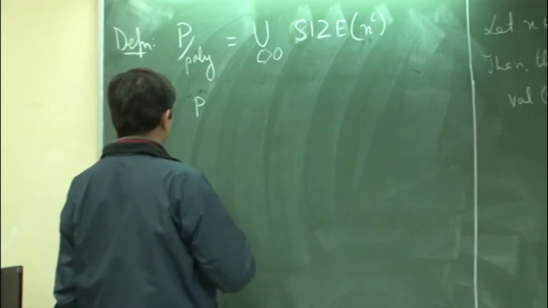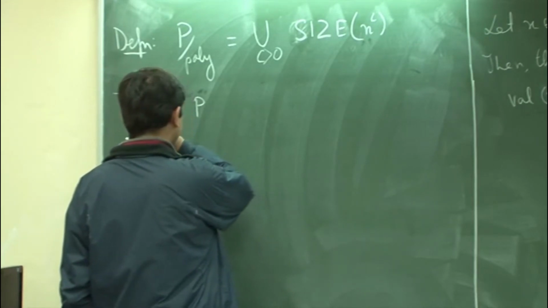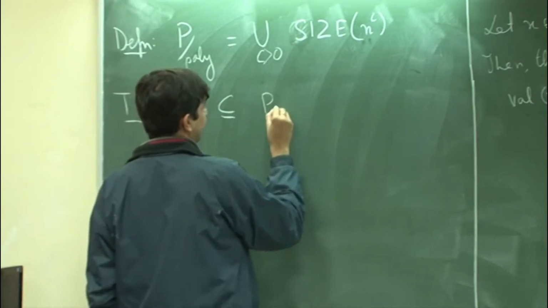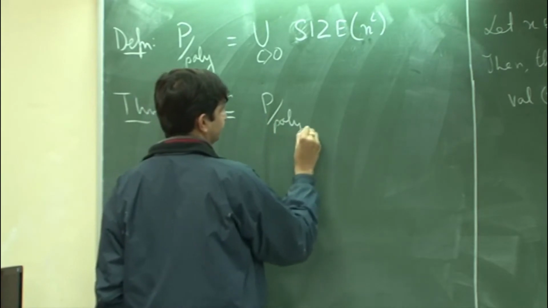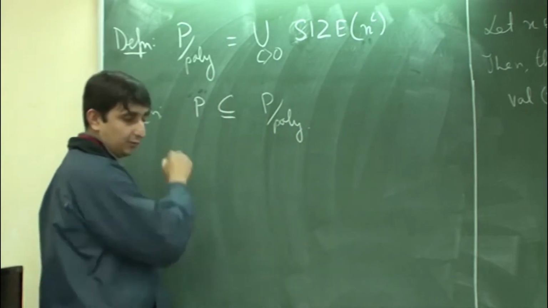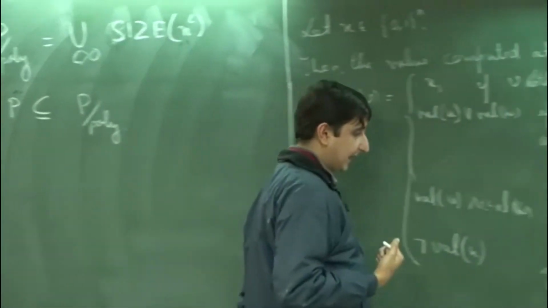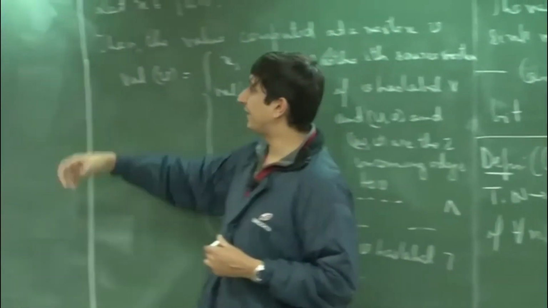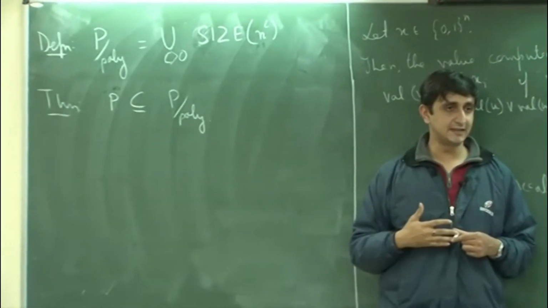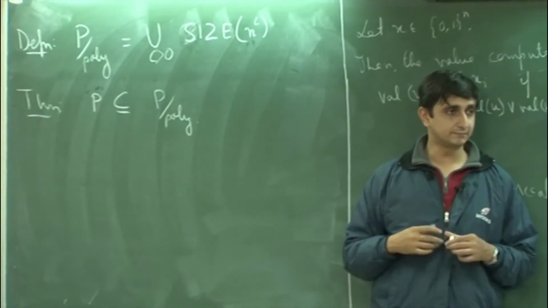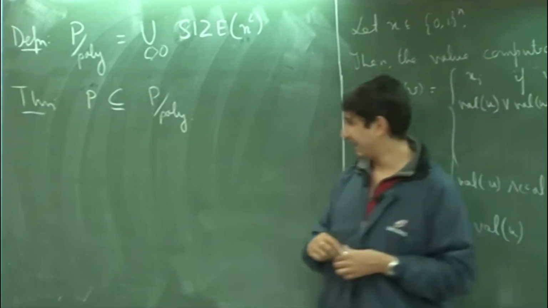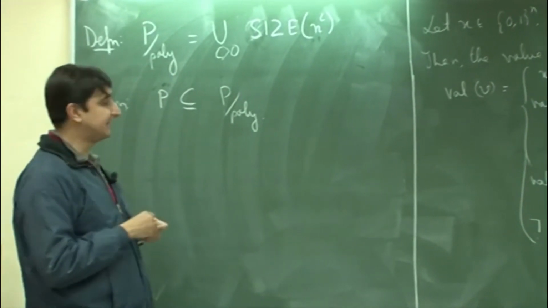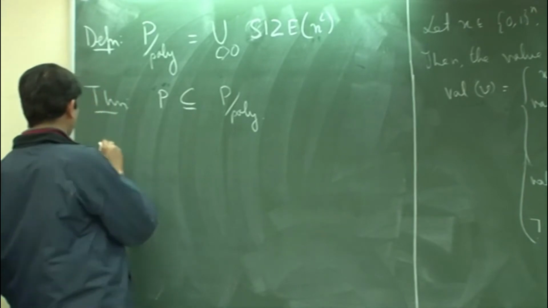So, the first thing that we will show, and this is again very easy to show, is that P is contained in P/poly. In other words, if you have a language for which there is a polynomial time Turing machine, you can design a family of circuits each having polynomial size which will accept that same language. I will just give the proof idea, because the actual proof we have already seen something similar earlier.